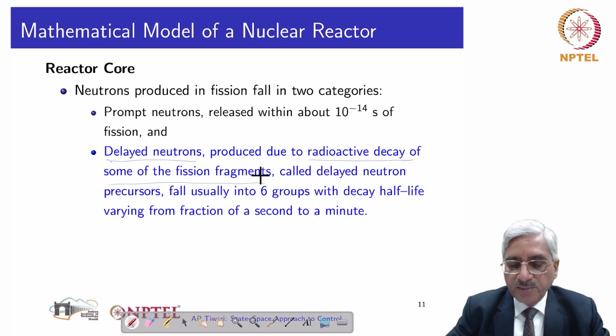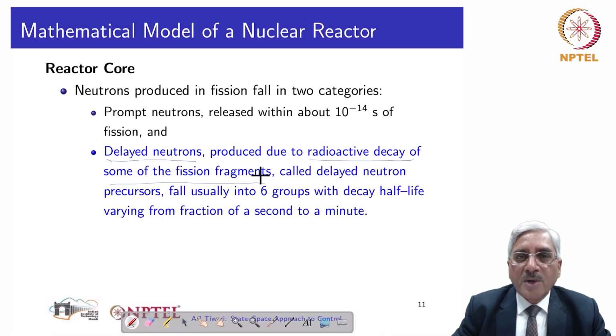As I showed a few slides previously, the compound nucleus breaks into fission fragments, and when it breaks up, it also releases 2 to 3 neutrons.